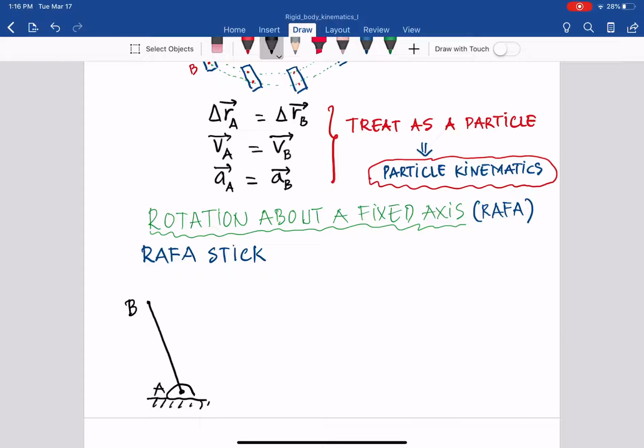Or I can say that when you steer a car, when you turn left and right, that is basically Rafa motion of the steering wheel.